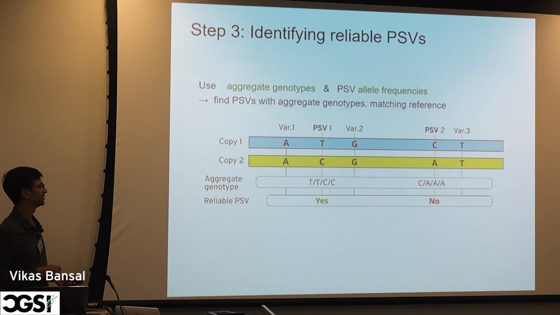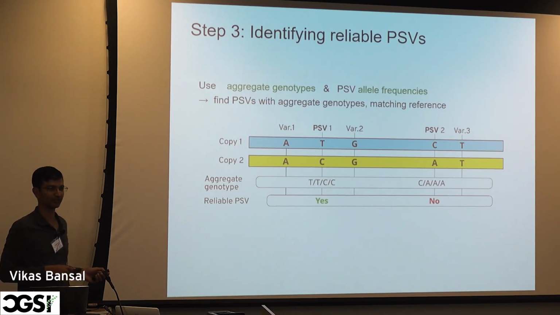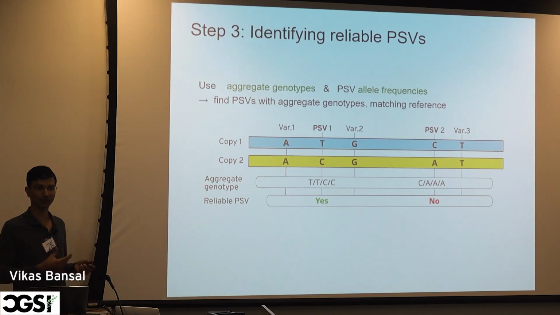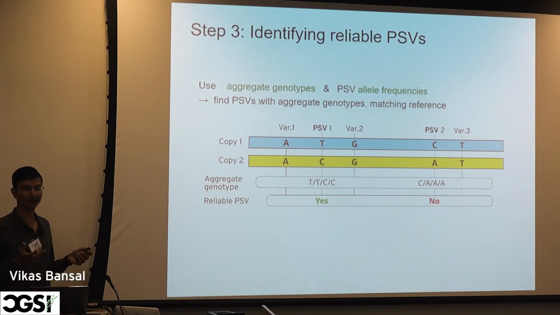Okay. So going to the next step in the algorithm, which is to identify reliable PSVs. Remember I mentioned earlier that not all PSVs should be used to distinguish between the different repeat copies, because some PSVs can actually correspond to polymorphisms. So how do we identify reliable PSVs?